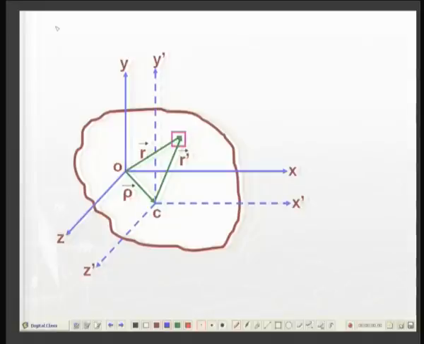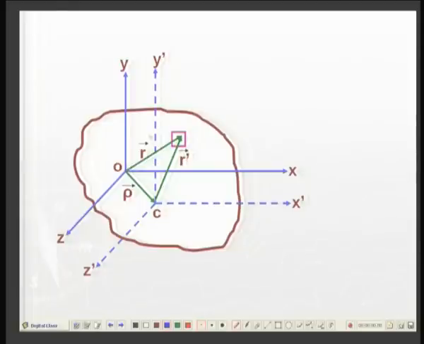Referring back to the same figure, I will consider a small element of the given body. This element has dimensions dx, dy, dz. It is a very infinitesimal element, and the center of this element has a position vector with respect to the old coordinate system, that is the coordinate system at center C. So, from center C to the center of the element, the position vector is r dash.